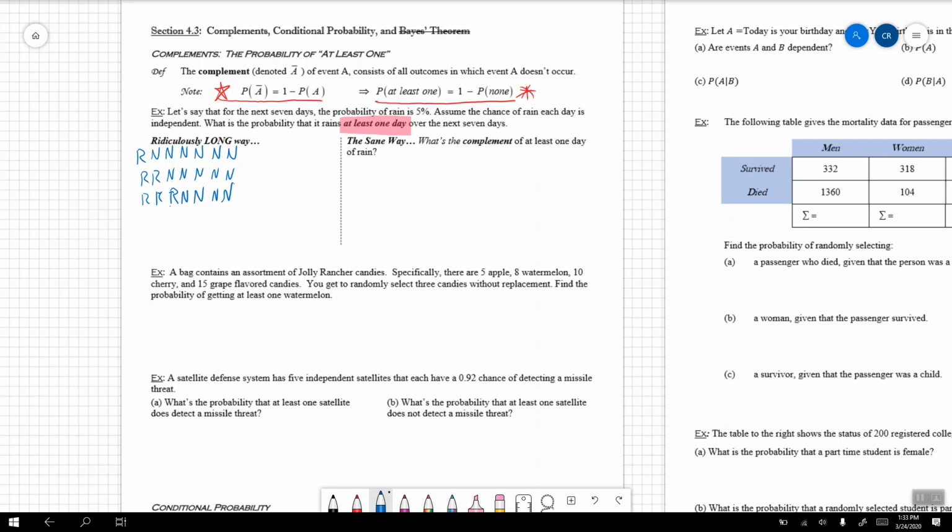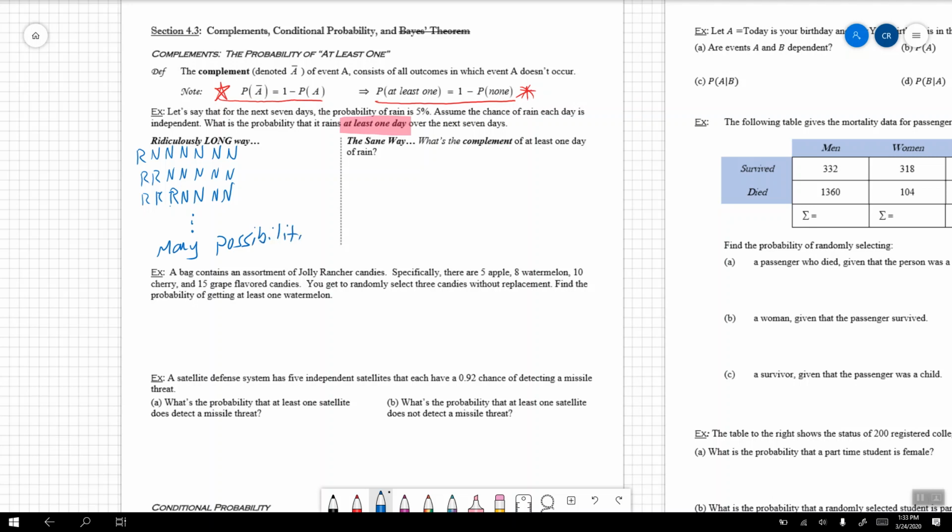Now, we can keep going for a very long time, and the fact of the matter is that there's going to be too many possibilities.